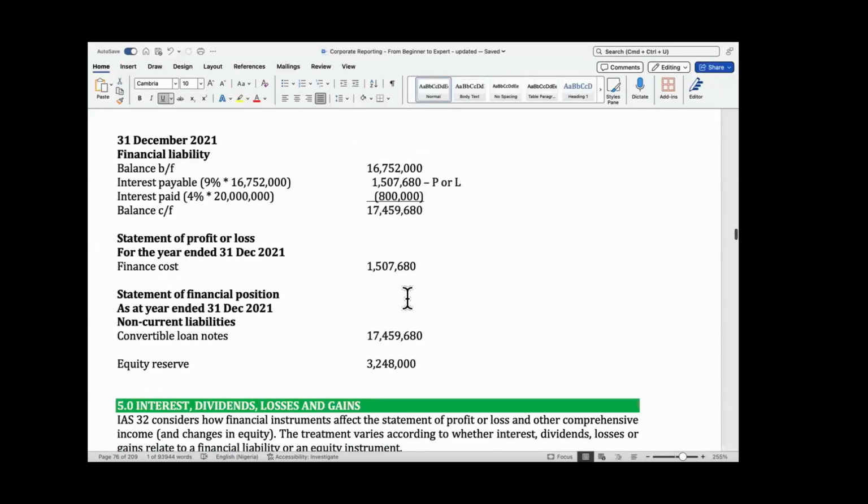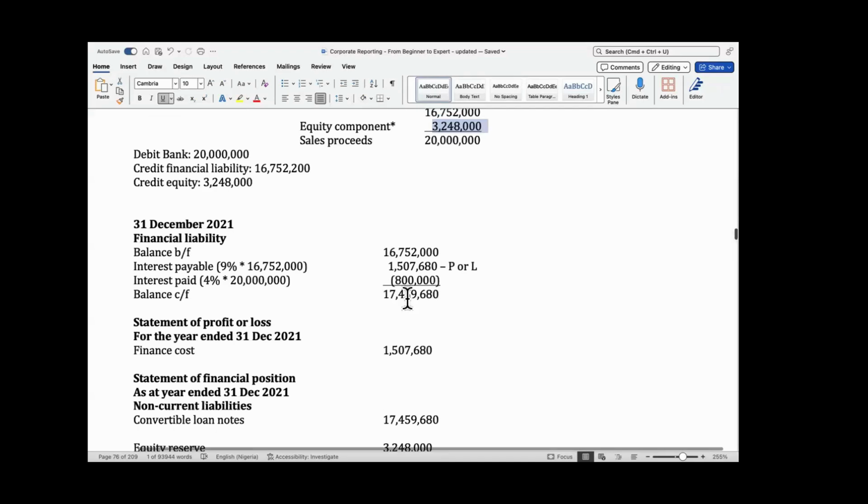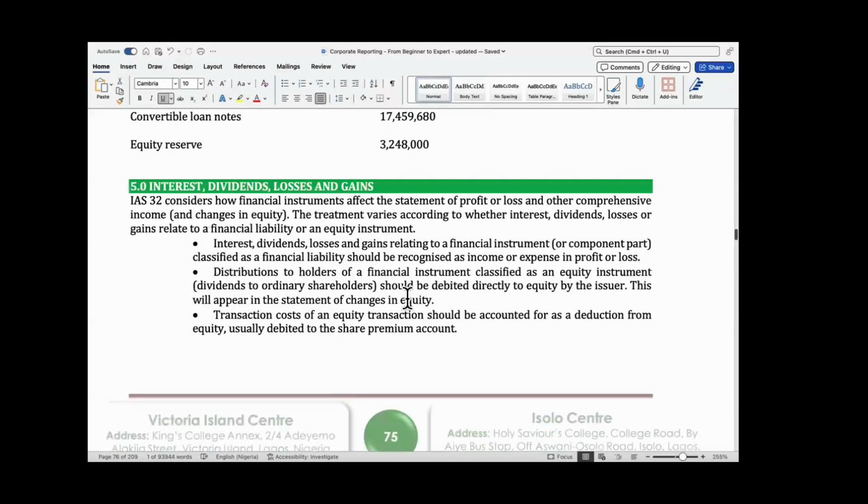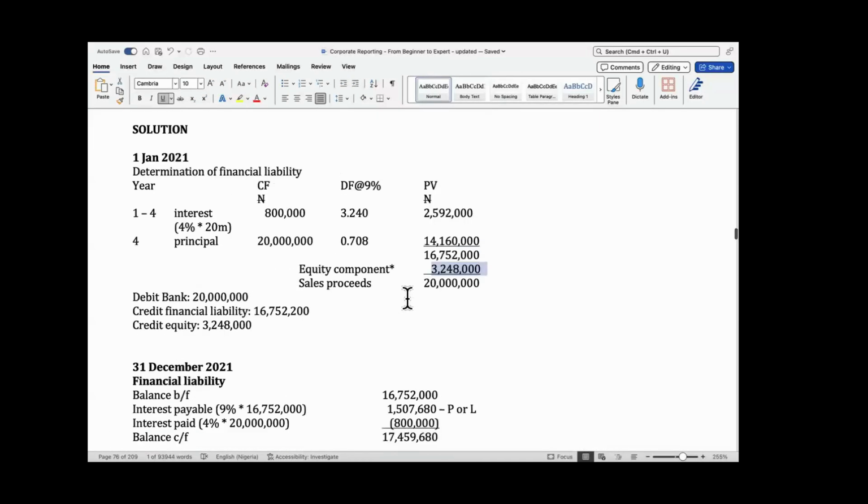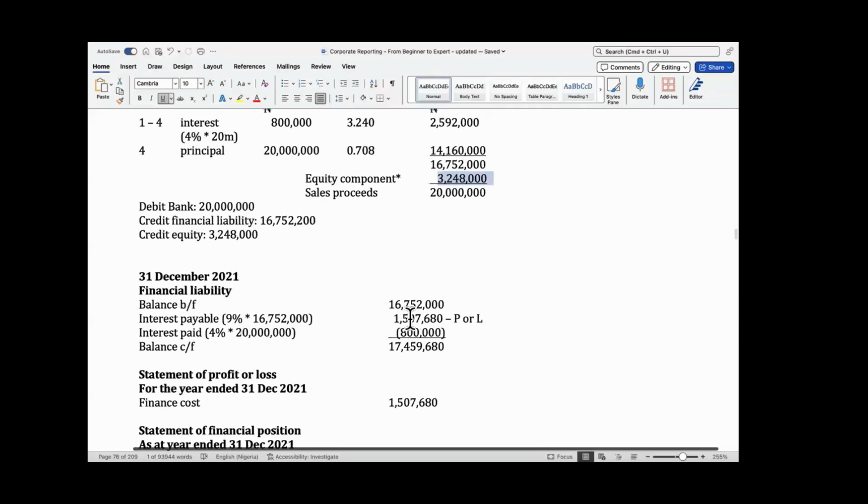Now, if I move to this one very briefly, I need to ask you a question. So this 1.5, right? I said this is the effective interest rate, just like I've taught you already, that obviously we pay, it's payable, so we debit P&L.